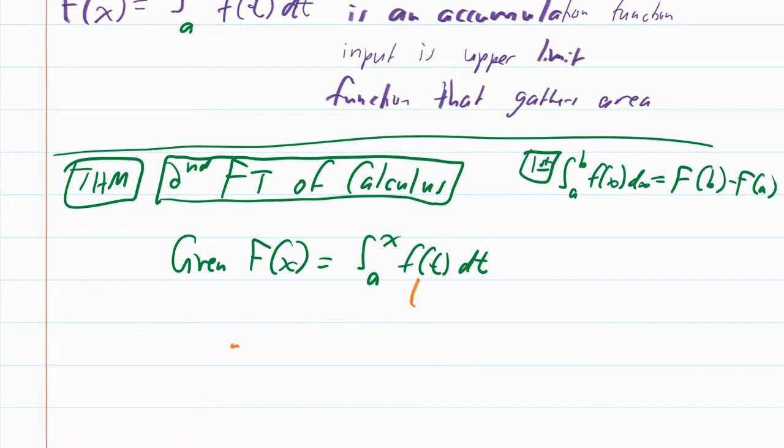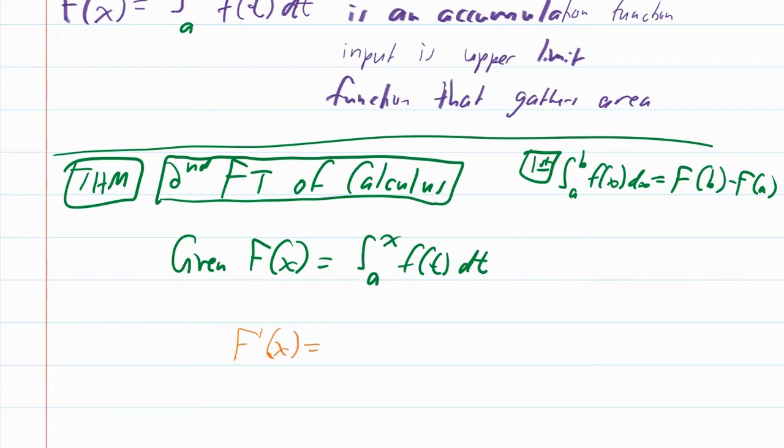So let me kind of back up here a little bit. I'm going to try to prove this in a way that's going to make sense. This same thing is equal to F of x minus F of a. And I know that that sounds weird. So let's just kind of think about this as applying the first thing.